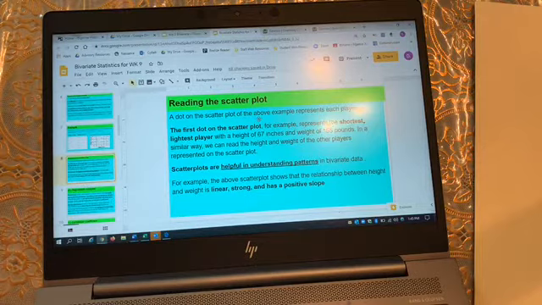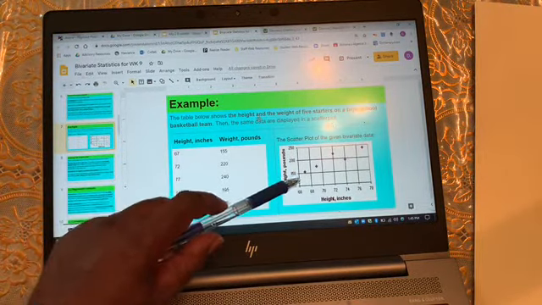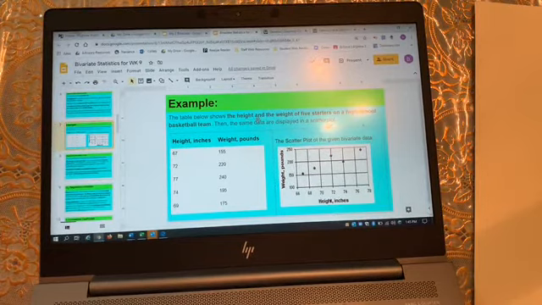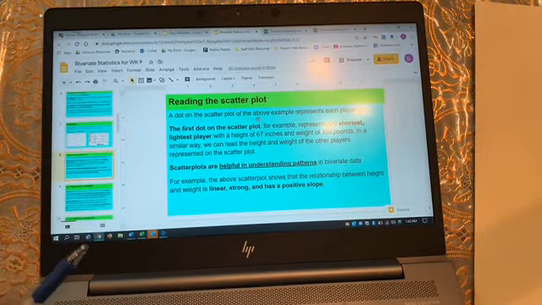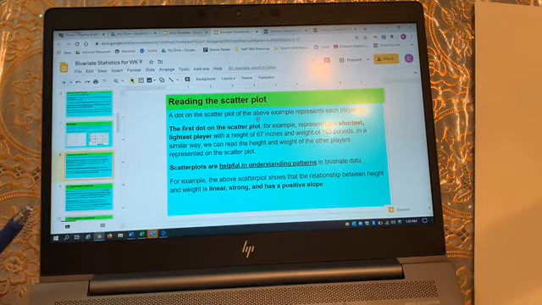If you see it goes from bottom left to top right, we can see there is a consistent or uniform increase. The pattern is just increasing. So in terms of x and y, we can read the scatter plot.